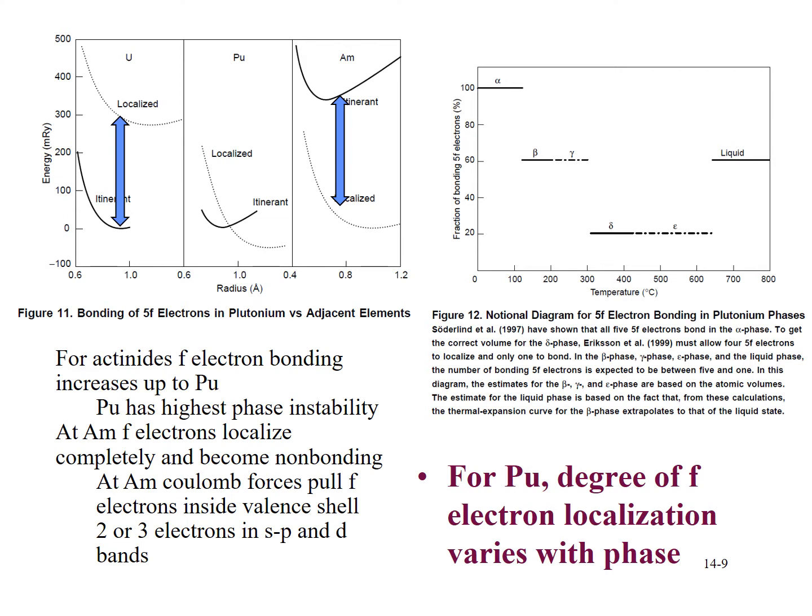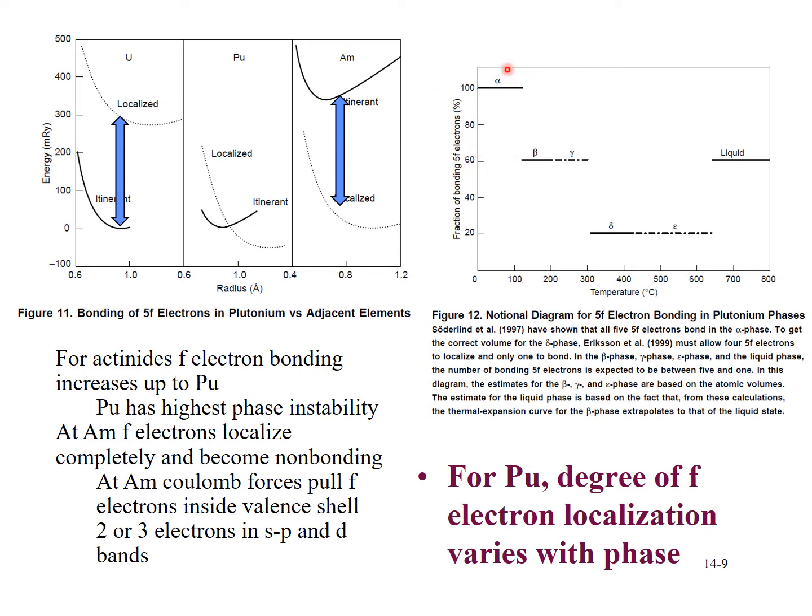So because of this, we get these transitions. The itinerant here is the stable phase. Over here we get a mixture of going from delocalized to localized, where in americium the f electrons are more localized. And then here is fundamentally the fraction of 5f electrons involved in bonding.